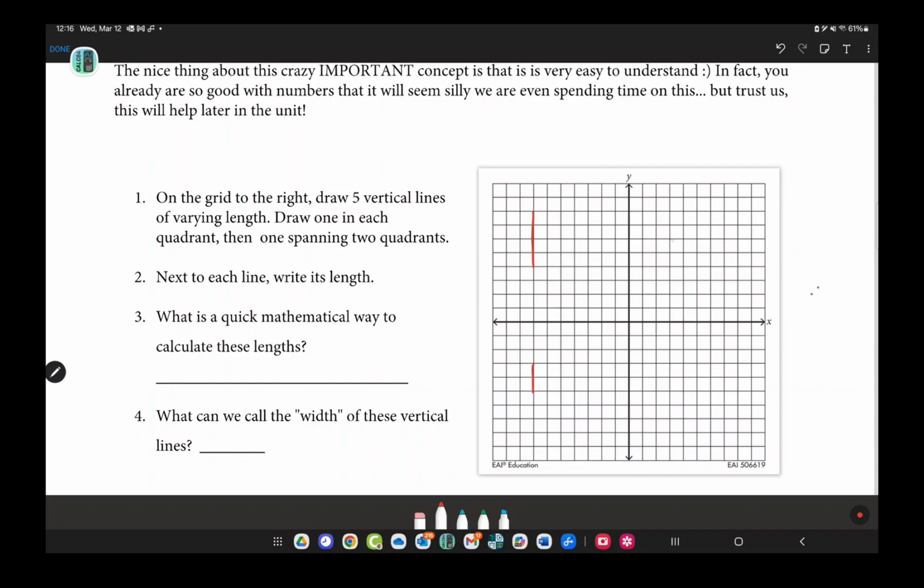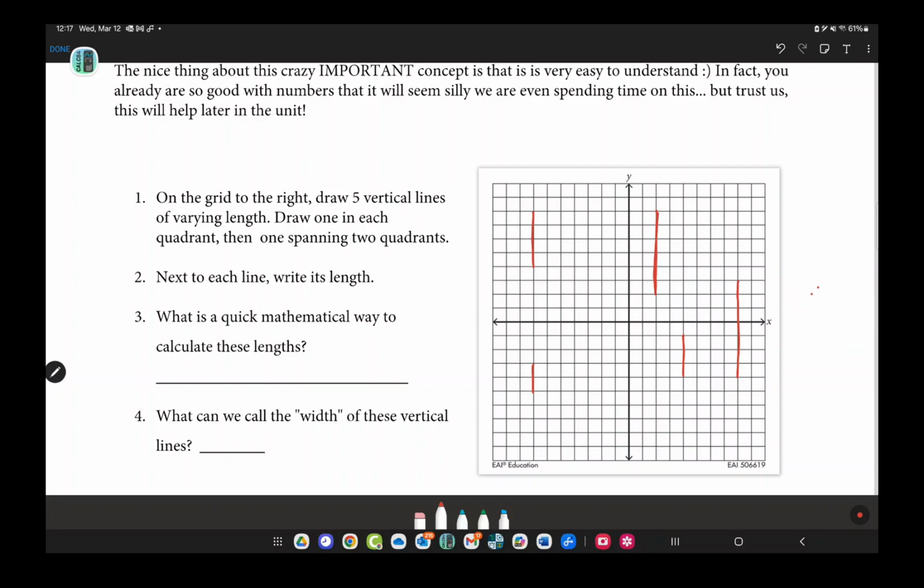Here we have that one. Varying lengths. And then one covering 2 quadrants. It doesn't have to be the same as mine.